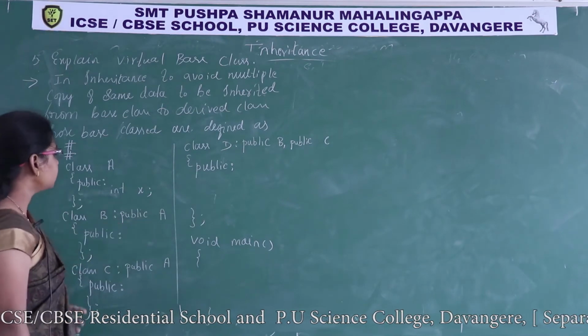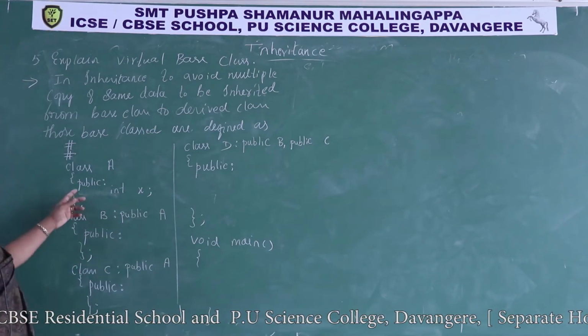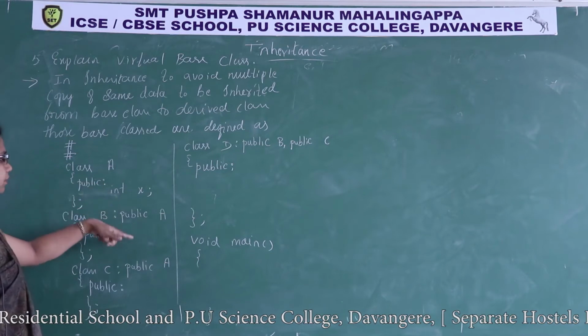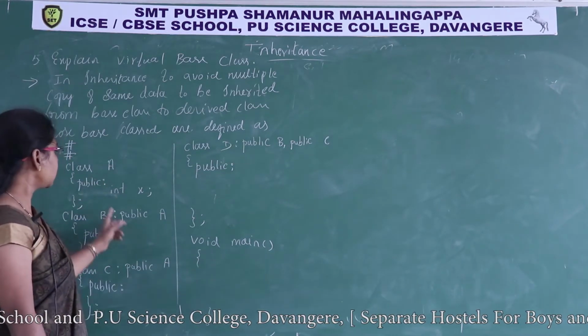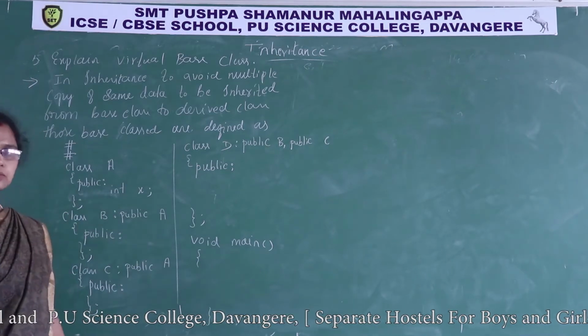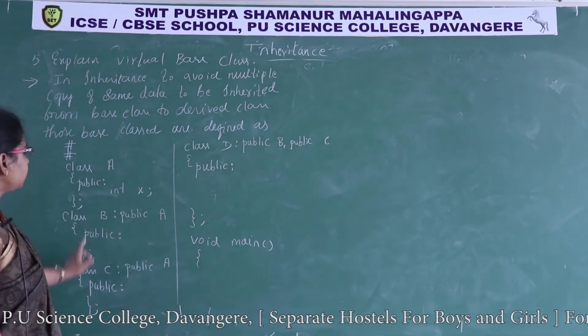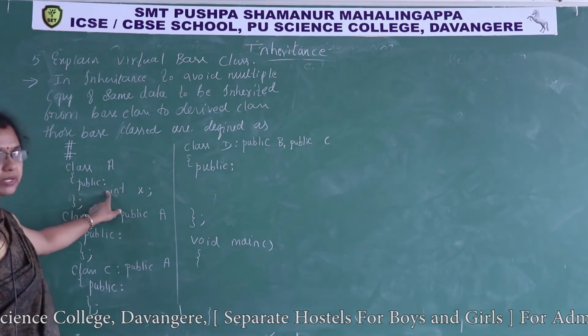So what happens when public mode of inheritance is there? Base class public members become public members of the derived class, and base class protected members become derived class protected members. In this example I have taken only a public member.